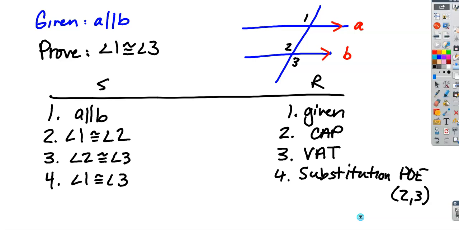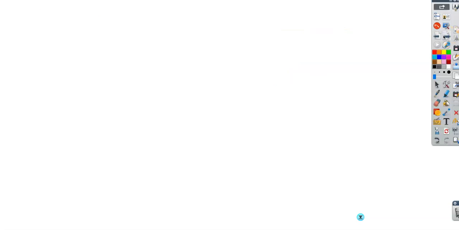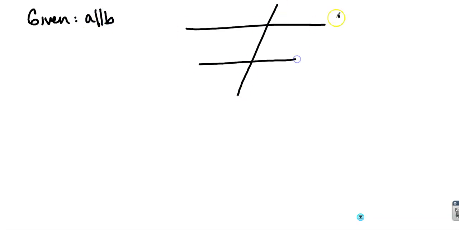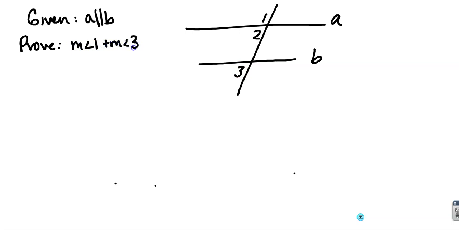All right, so let's switch it up and do one of the same side interior angles, okay? So let's try A, B, and let's do 1, 2, 3. So we're going to try to prove that these two exterior angles, so measure of angle 1 plus measure of angle 3, those two things, we're going to try to prove that they're supplementary.